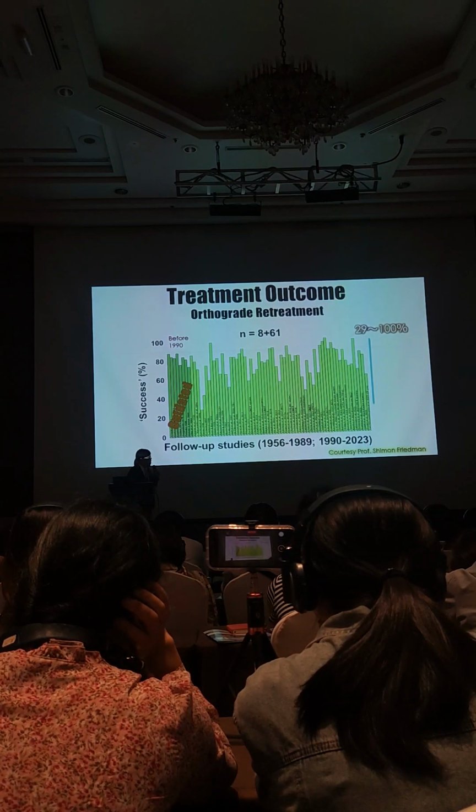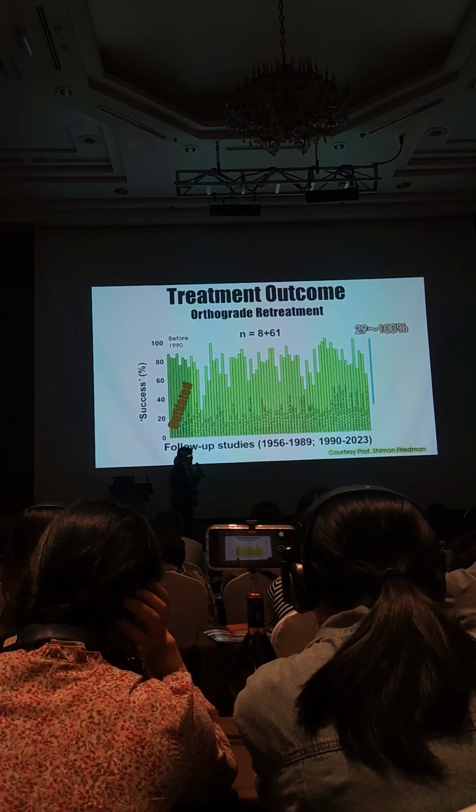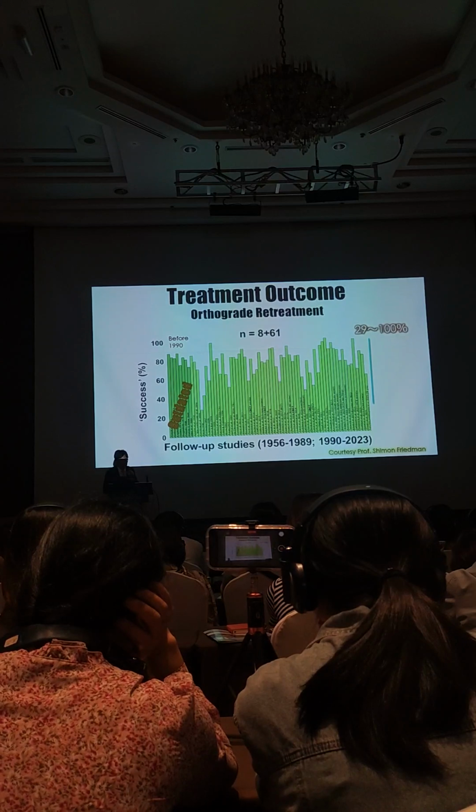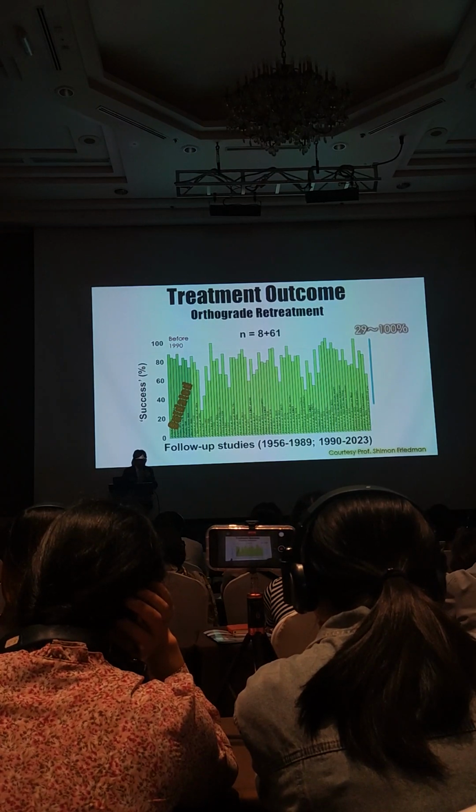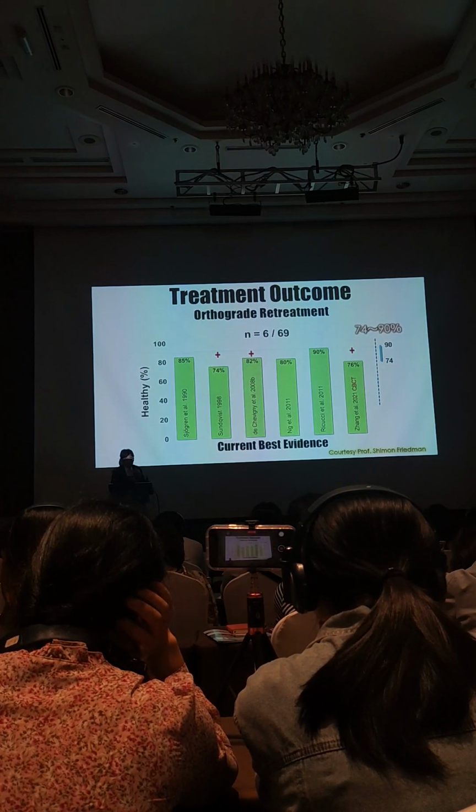So we have to look at some studies with a higher evidence. So we will look at the current best evidence. There are only 6 out of 69 outcome studies in retreatment. These are the current best evidence.